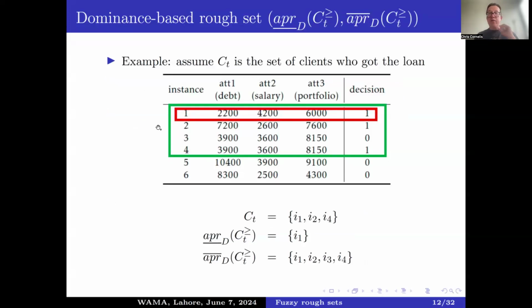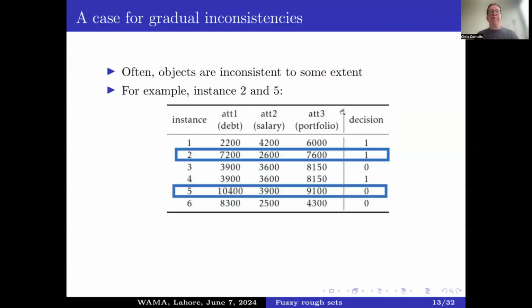If we apply that to our example, now we can see that the lower approximation will become even smaller because only I1 is not dominated by any object which does not belong to the class, which was denied the loan. Okay, so in this sense, the lower approximation would contain only instance 1, while the upper approximation in this case will contain the objects from 1 till 4.